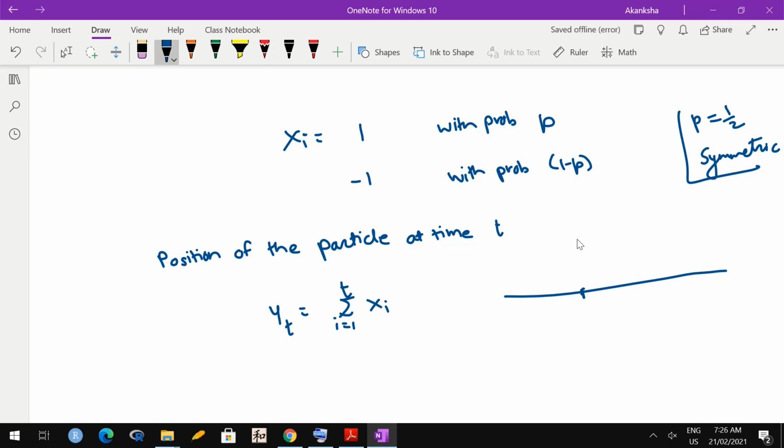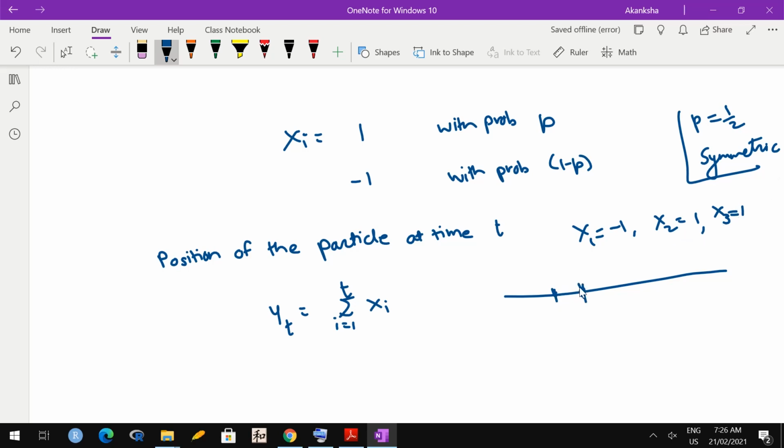So suppose x1 is minus 1, x2 is plus 1 and x3 is also plus 1. Then the final position is, so x1 is minus 1, so my y1 is here. Then y2 is position at second time point and it is plus 1. So the particle is moving in positive direction after y1.